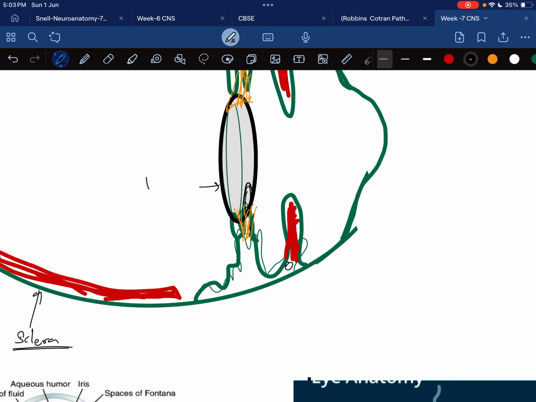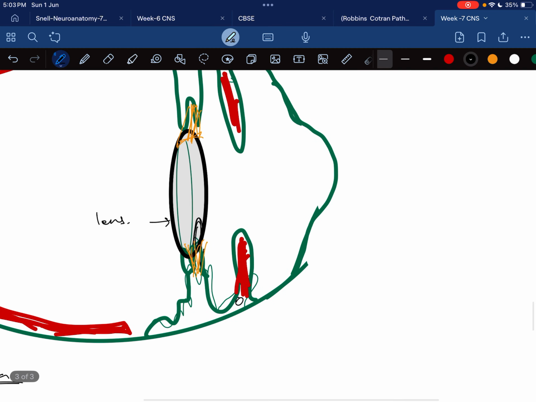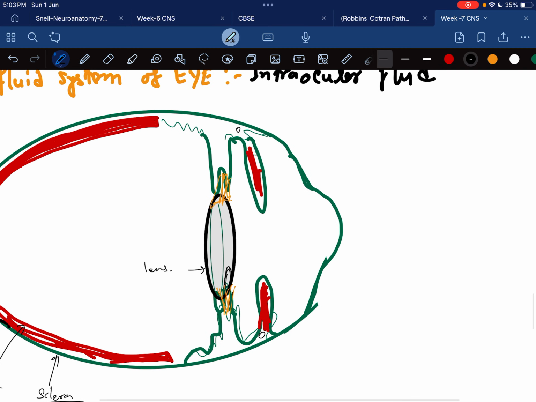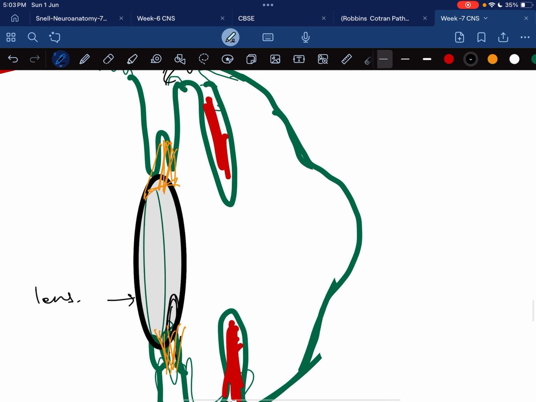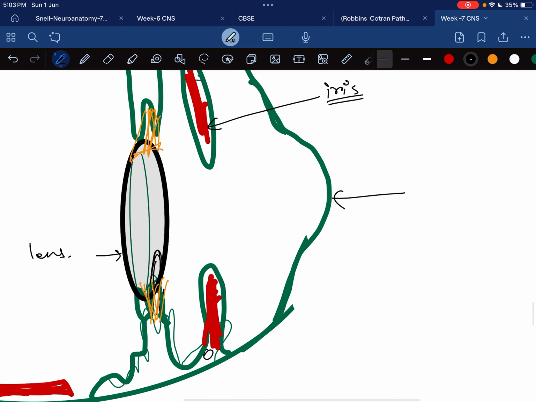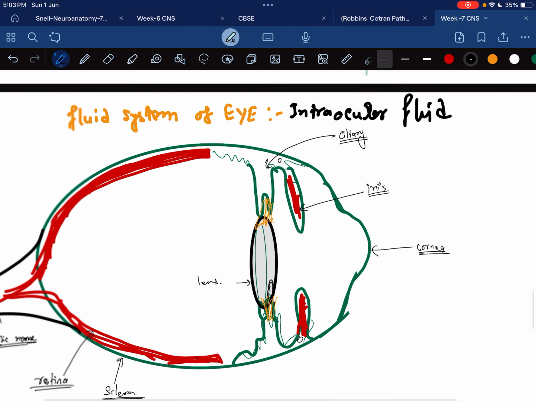This is the ciliary body. This is the iris, cornea. I am not going to explain this part.